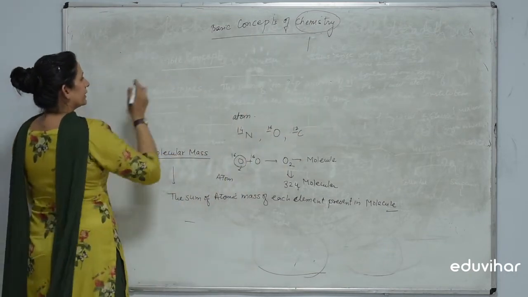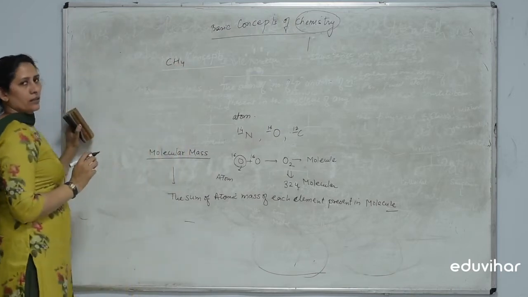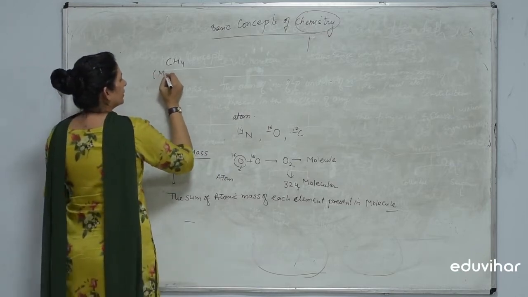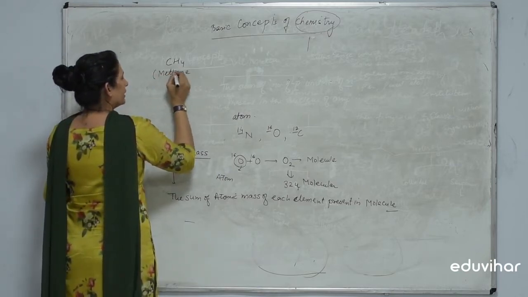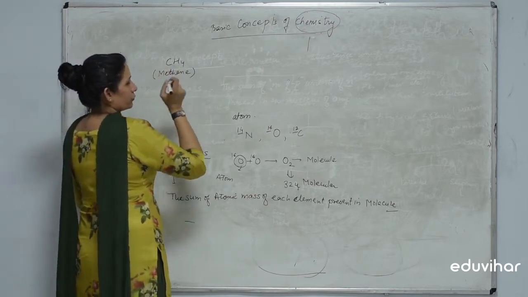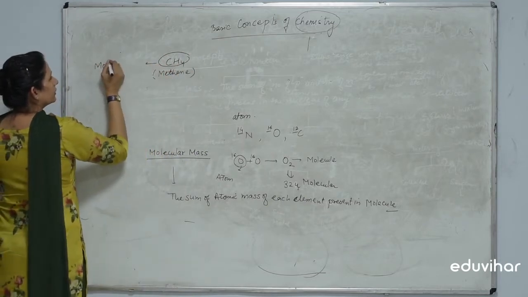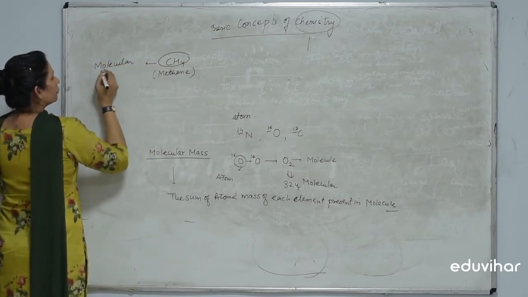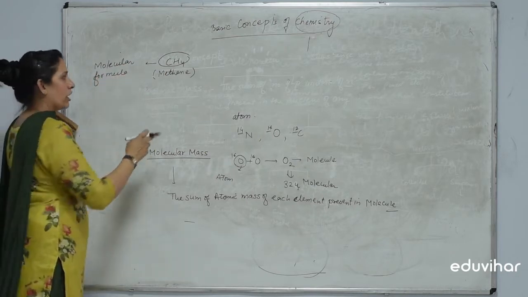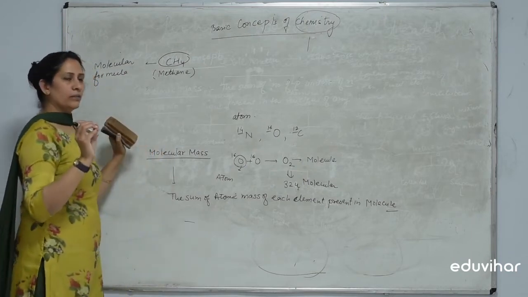For example, methane has the formula CH4. I am writing the name here, that is methane. This is the molecular formula of methane. Then we have to calculate the molecular mass.